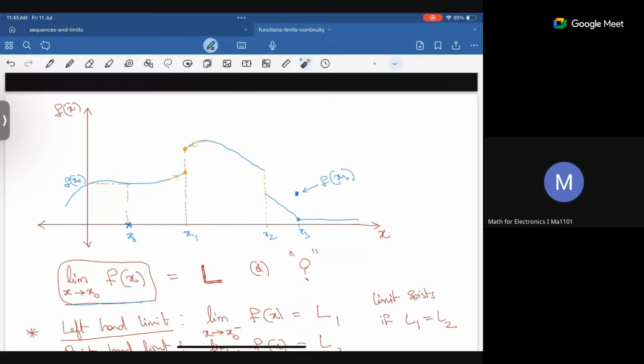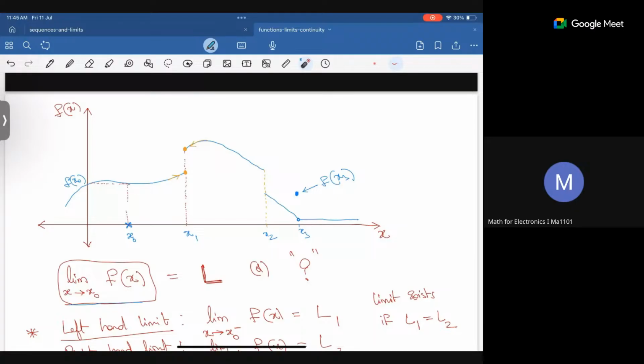If the limit exists and it is continuous, your graph will have a smoothness, and you can draw it. But we have seen cases where the limit exists, but it is not continuous.